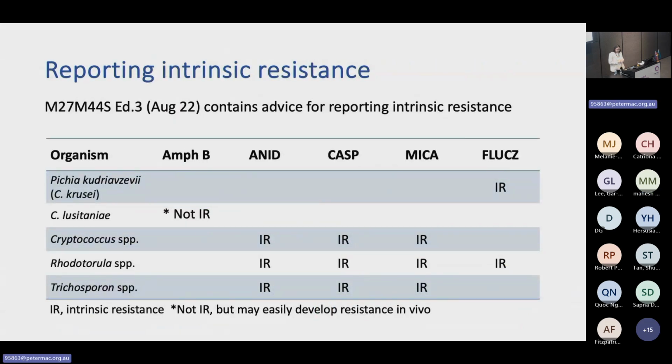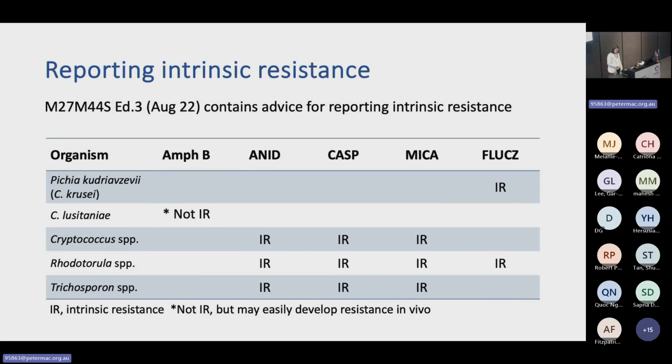The latest iteration of CLSI interpretive criteria includes certain species and drug combinations that can simply be reported as intrinsically resistant. So for Pichia kudriavzevii, formerly Candida krusei, it doesn't have a clinical breakpoint for fluconazole, but we can report fluconazole as intrinsically resistant.